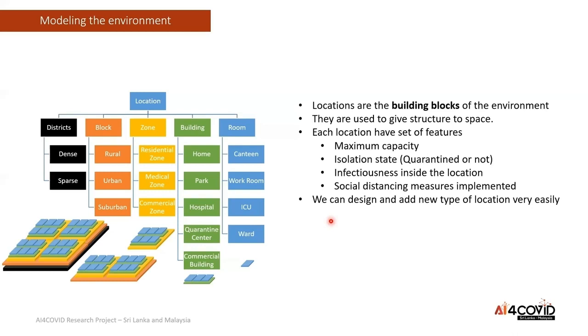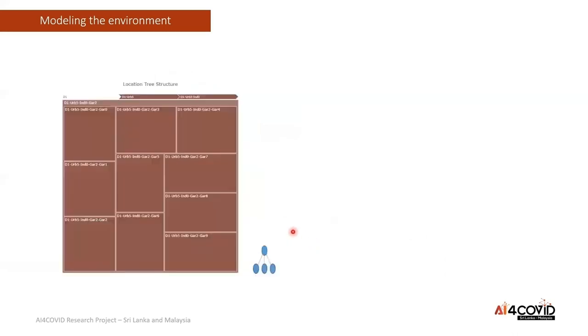Also, we can design very complex environments using this location structure, these location building blocks, and we'll see how to build such a complex environment. So in here, we have a small set of, like, a garment factory with 3 garment areas.